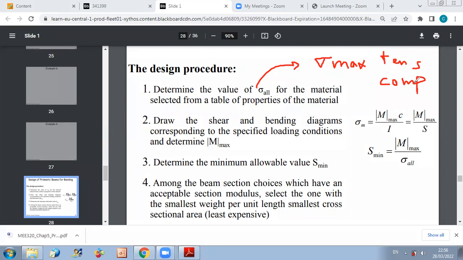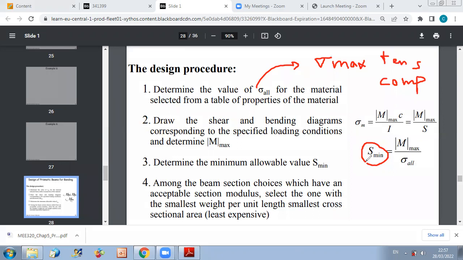And based on this, we can select the minimum allowable value for S minimum. So you know that for a certain section, you have to select a corresponding cross section that will avoid reaching rupture. So S, which represents the modulus of the section, can be designed based on the maximum bending moment and the value of sigma allowable.